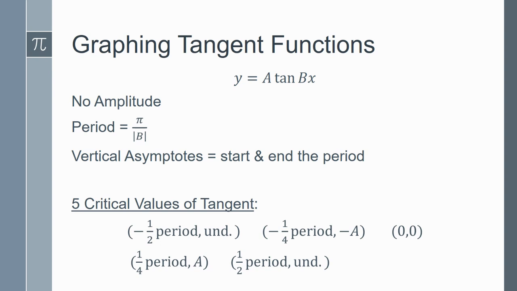So then what's halfway between 0 and a half, or halfway between 0 and negative a half? Well, those would be the quarters. So that's why we'll take negative a fourth of the period and positive a fourth of the period. And then notice that A is still going to play a role in getting these critical values. So we'll only be plotting 3 points because the other 2 will be vertical asymptotes. But that's how we're going to form the graph.